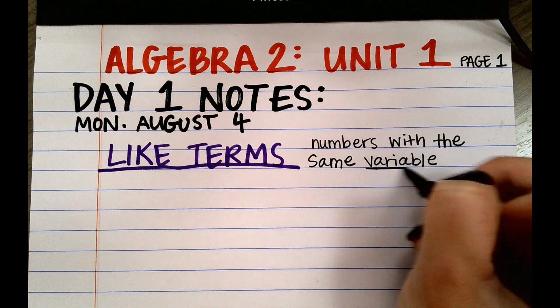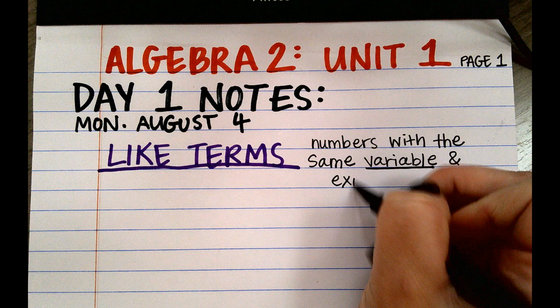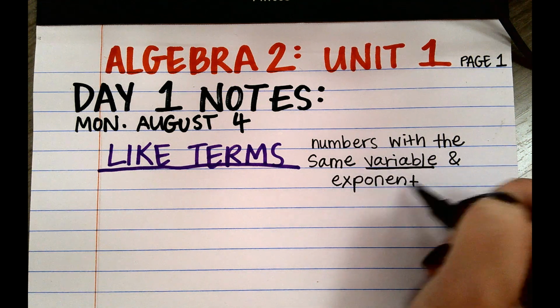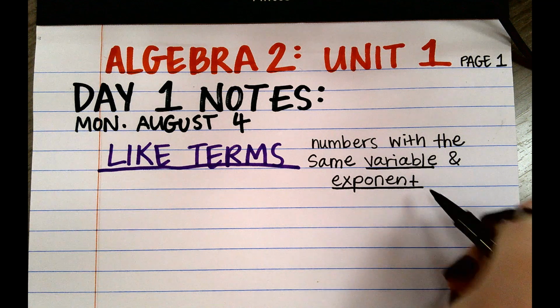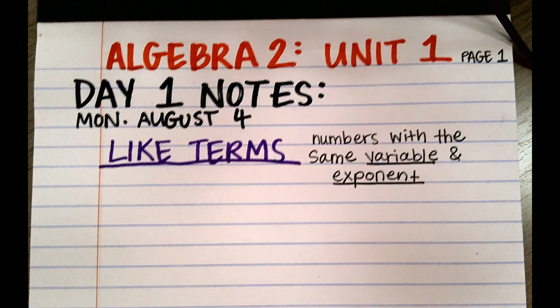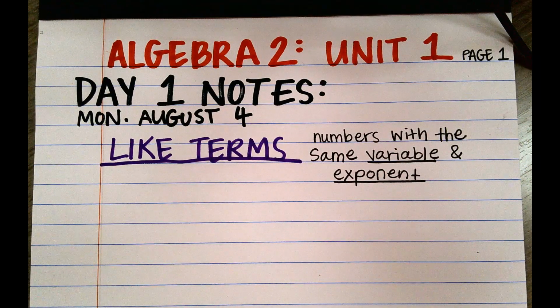So numbers with the same variable and the same exponent. And what's an exponent again? The little number 2 on the side of the number. Yeah, it could be the little number 2, could be a number 3, could be 5 million. An exponent is just like that little number. So I'm going to give you examples. Or squared. Yeah, or squared, or cubed.